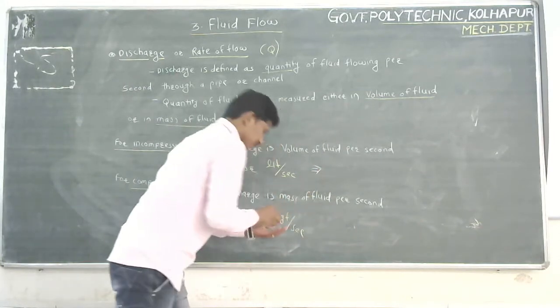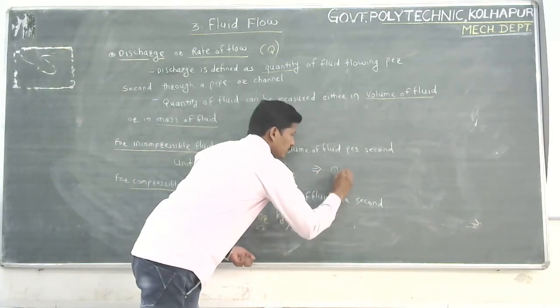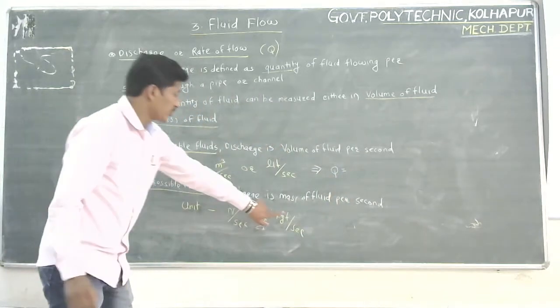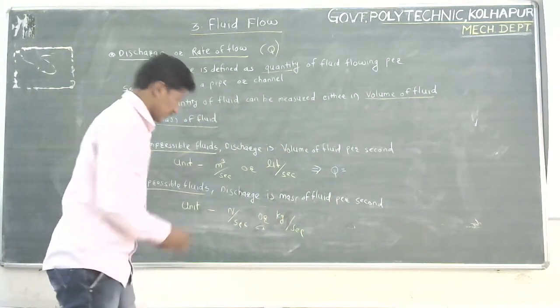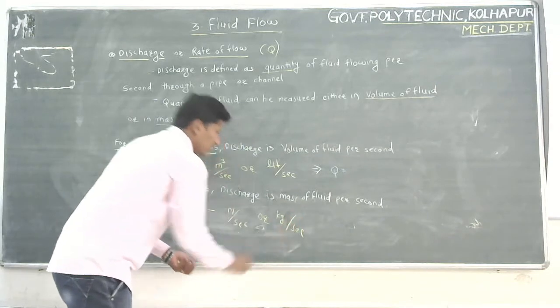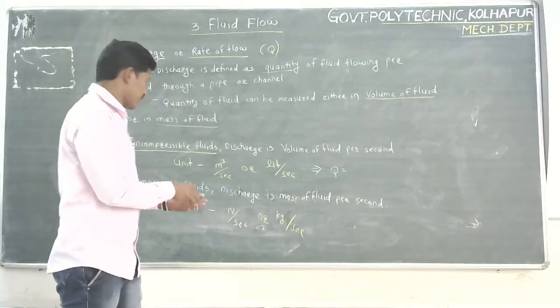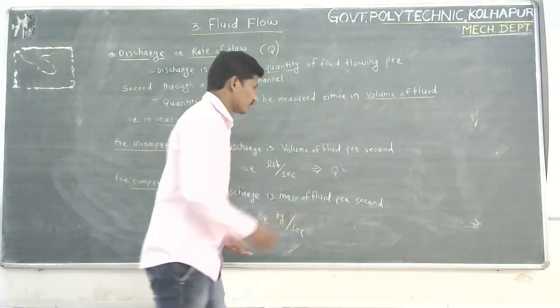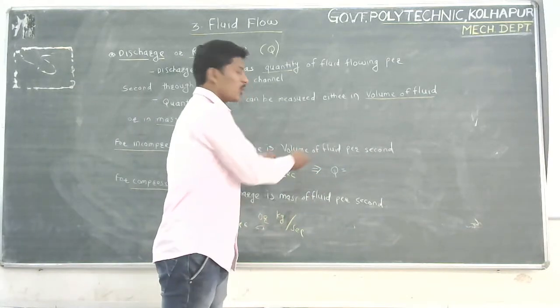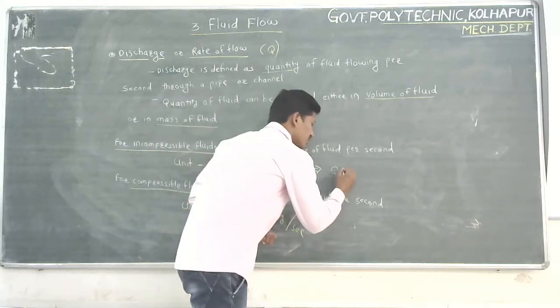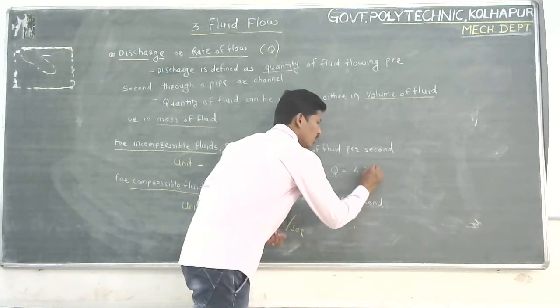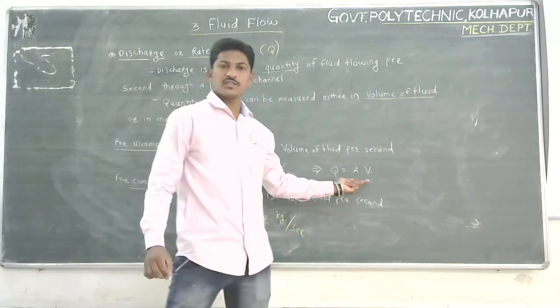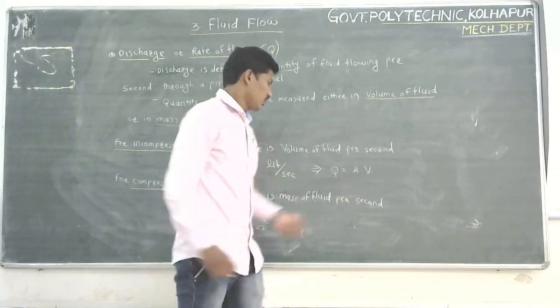Now we will see the formula. How is discharge calculated for incompressible fluids? As we are considering only volume of fluid per second, Q is equal to area into velocity.